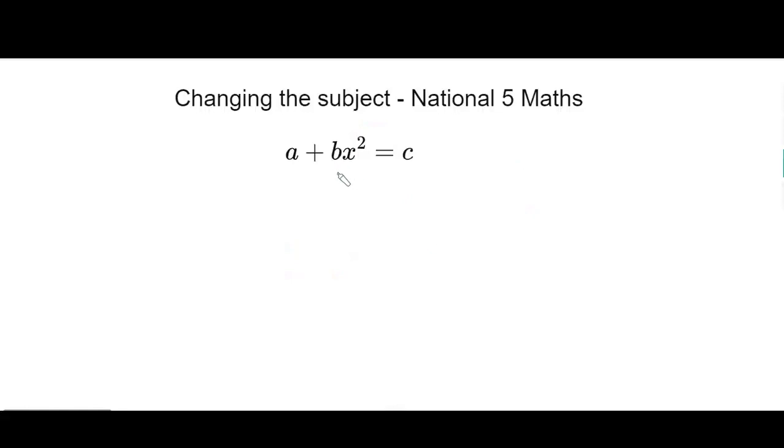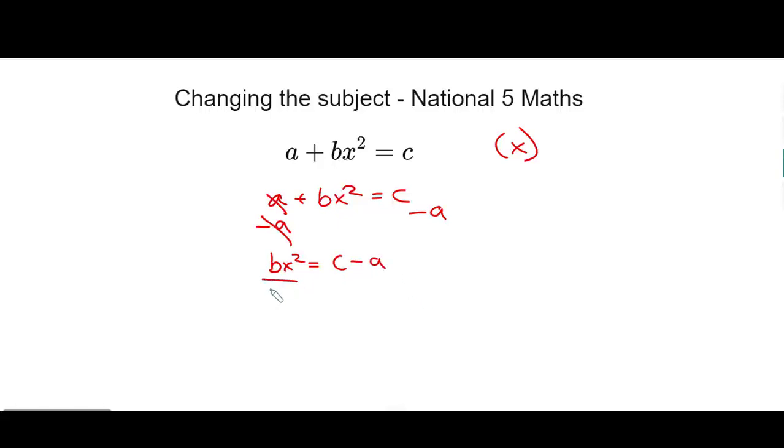Okay, so we've got a plus bx squared is equal to c, so we want x again. So let's get rid of the a, minus a. So that's positive a minus a, they cancel each other out. So we minus a on this side. So that gives us bx squared is equal to c minus a.